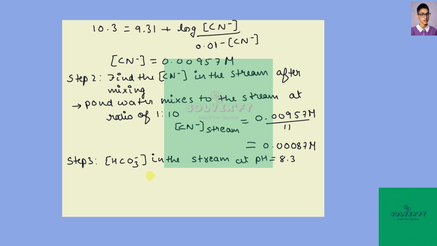So now in step 3 we'll be calculating the concentration of HCO3 negative ions in the stream at pH 8.3. So here the pKa1 of the H2CO3 is 6.35 and the pKa2 of the HCO3 negative is 10.33. So let's use the same Henderson-Hasselbalch equation.